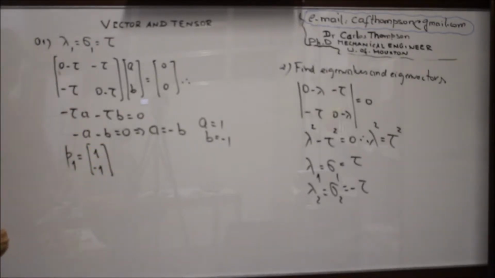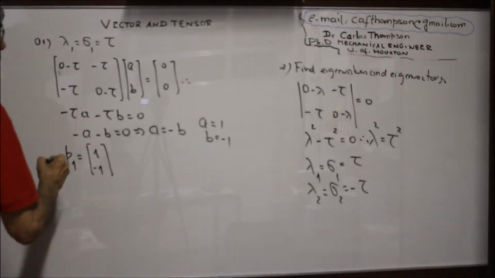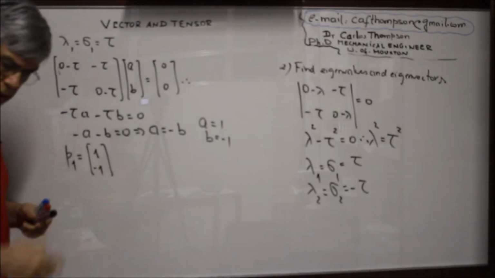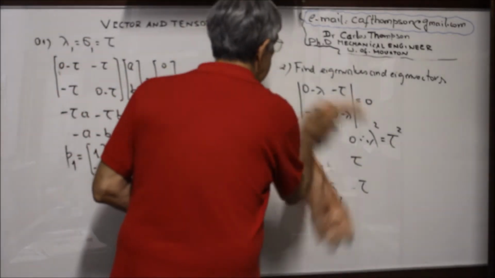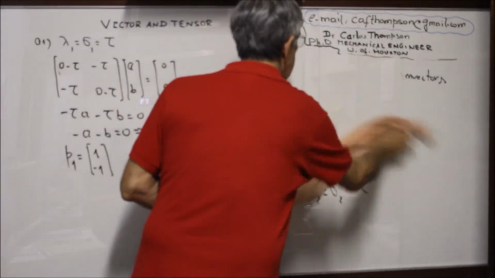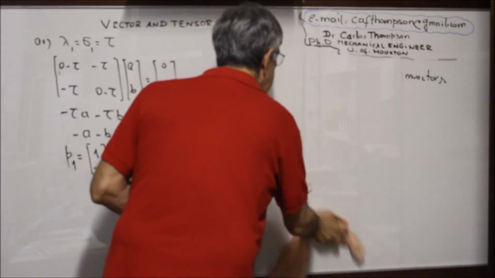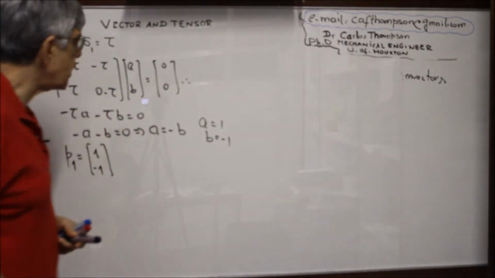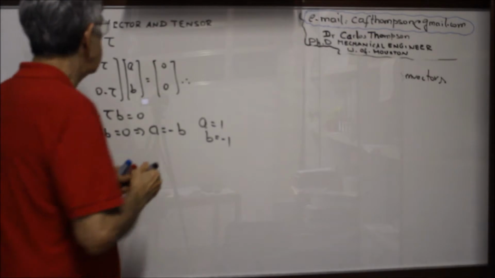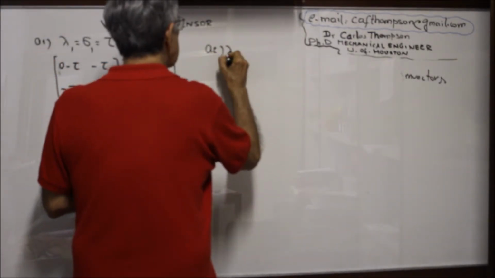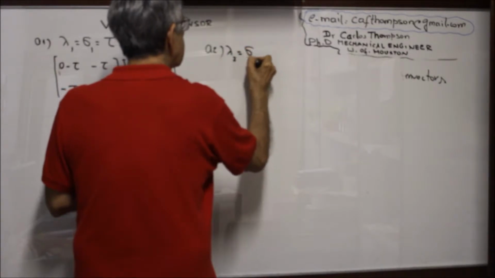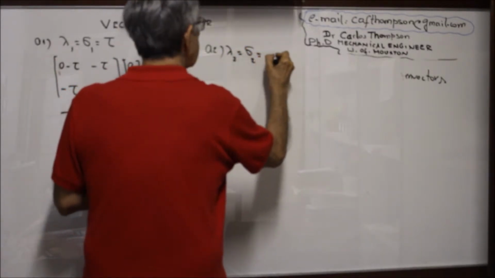Now, let's obtain the second eigenvector. Let's get the second eigenvalue: lambda 2, sigma 2, is equal to minus tau.